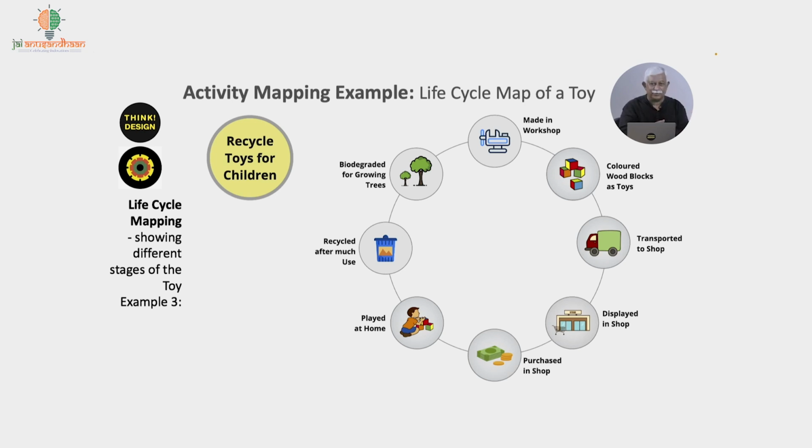The child plays with the toy many times with friends over a period of time, and at one point it goes back to the recycle bin and is recycled, and then finally finds its way back into the tree itself. So, this is a full cycle showing the life cycle of a toy meant for a child.